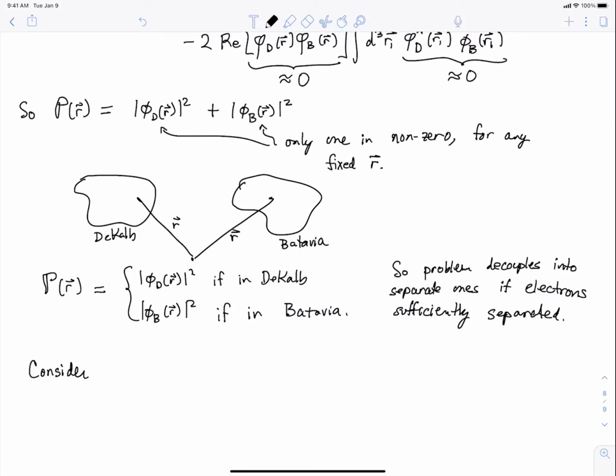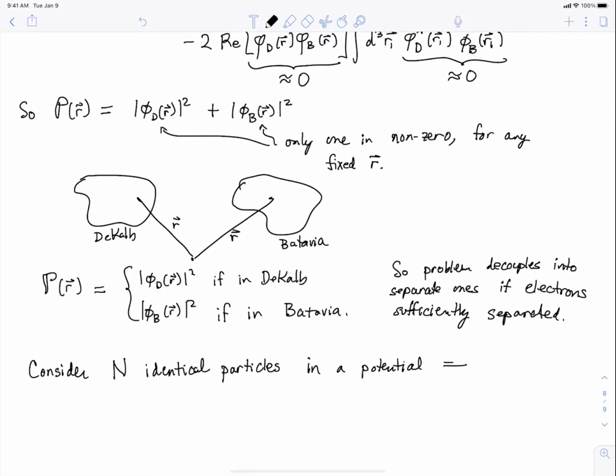Okay. So let's consider n identical particles. Actually, we won't assume they're electrons for a while. And let's put them in a potential. For electrons, this would be a nuclear Coulomb potential.